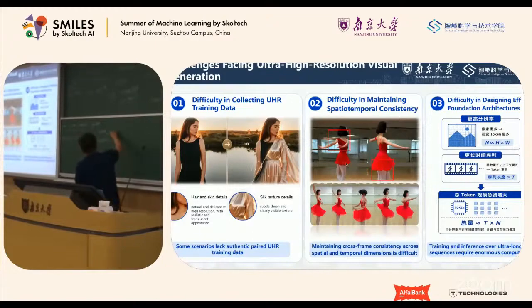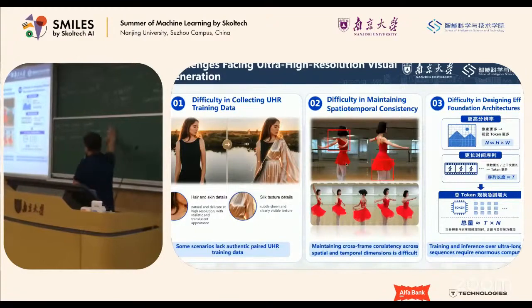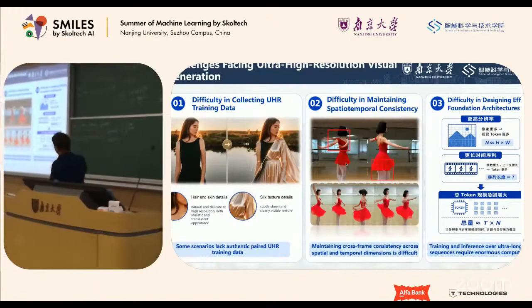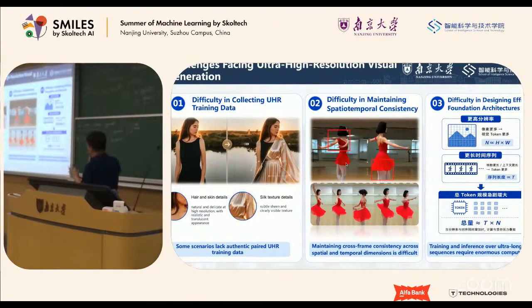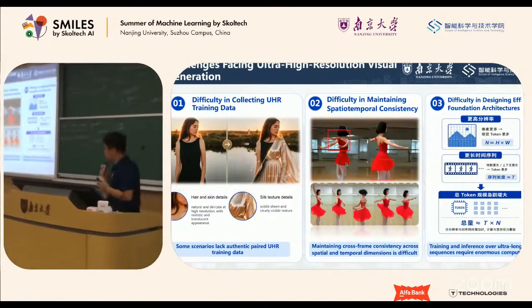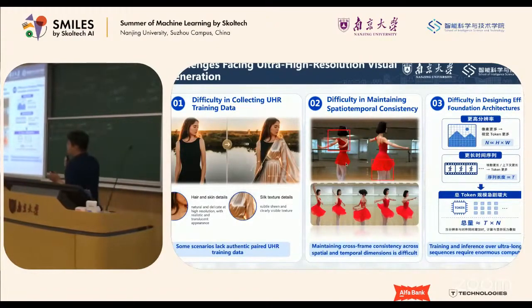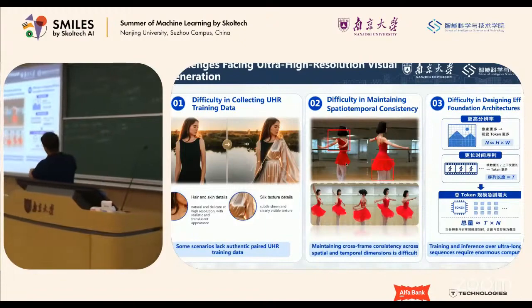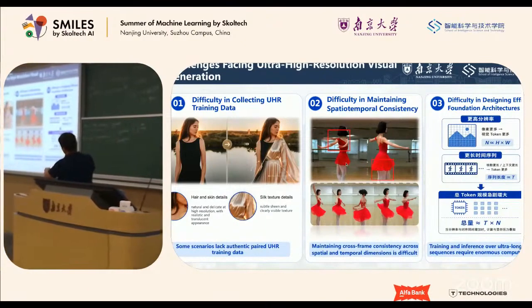Spatial means, for example, in a 2D image like this one, the generated body should be natural and real, right? But in this case, you can see that the girl has 3 legs and 3 arms.